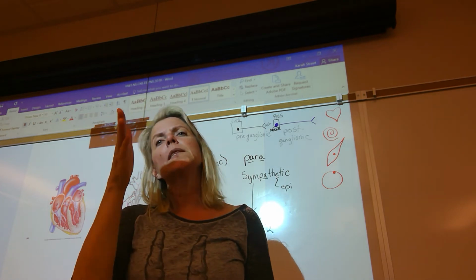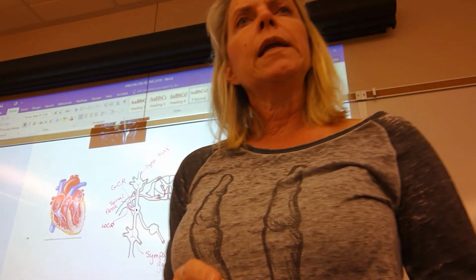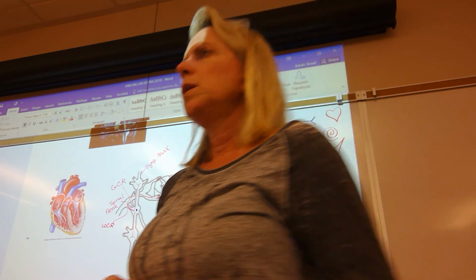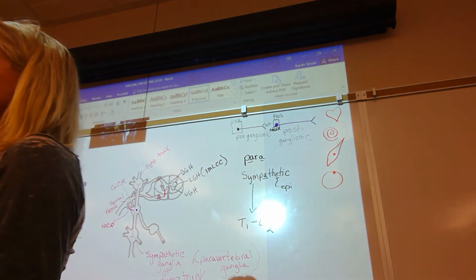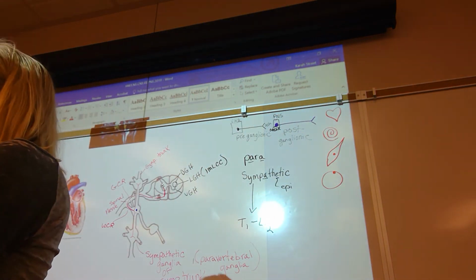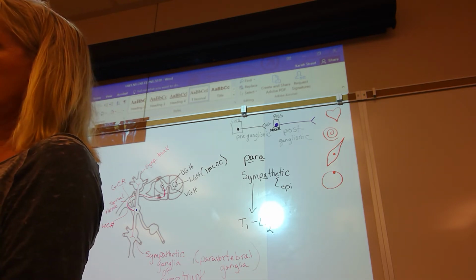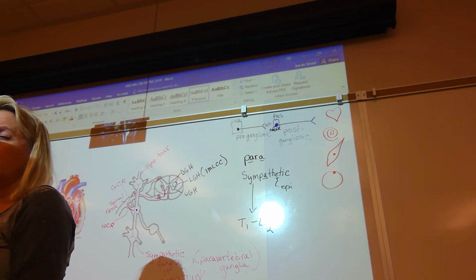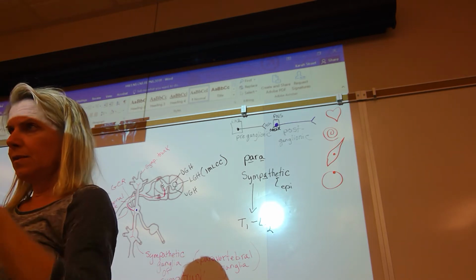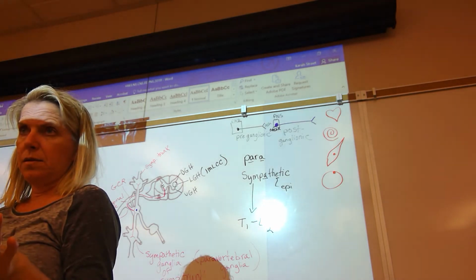Okay? So in the supplements, if you're reading the ANS supplement, it will give you options. And also in the lecture, you'll see me show you options for the preganglionic fiber and postganglionic fiber for both divisions.